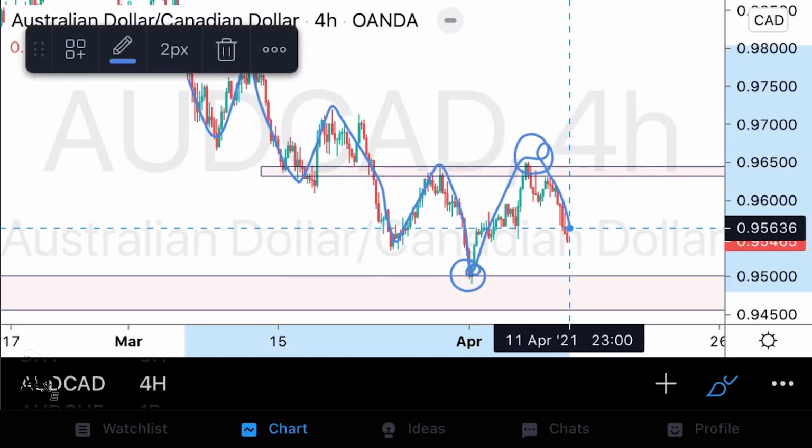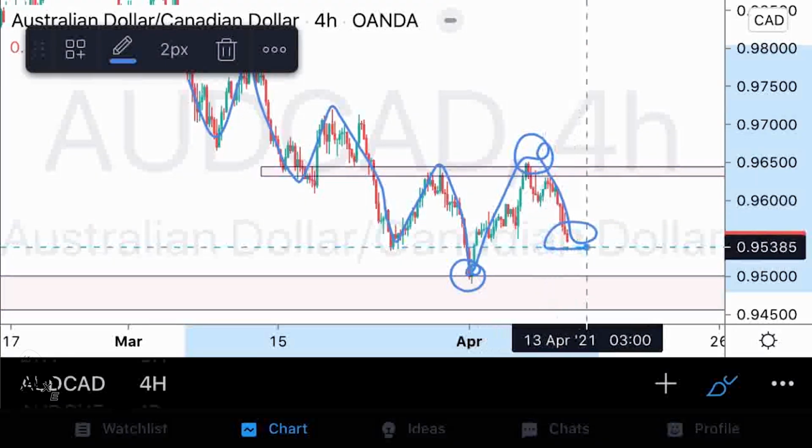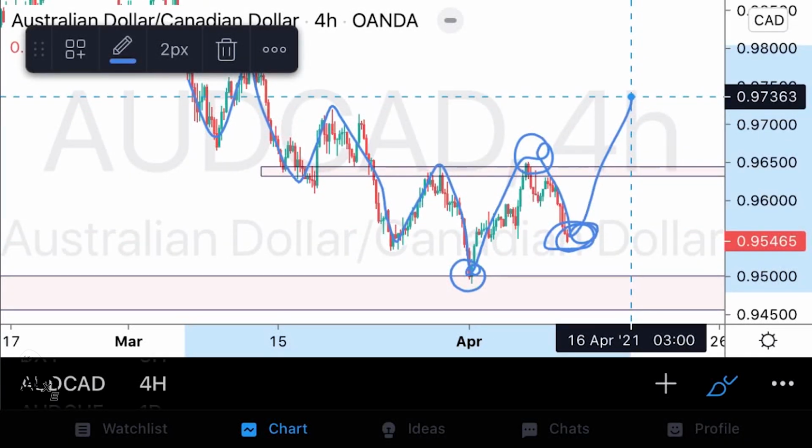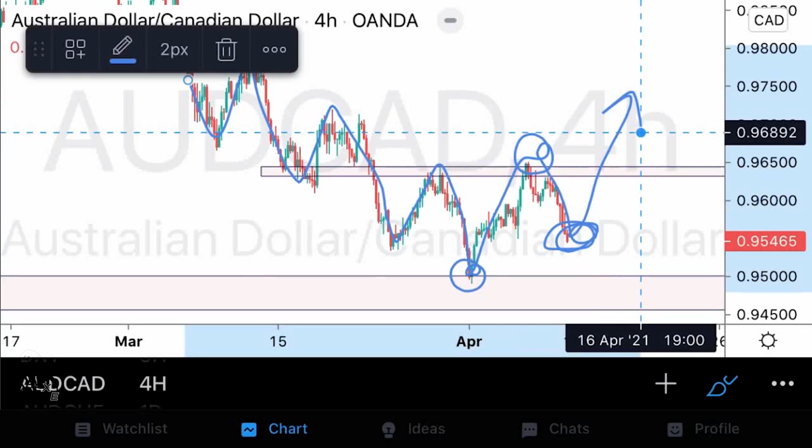We could be expecting, obviously, one of two things. The first thing being, we create a higher low and then we begin changing the trend to the upside, which is what I would hope to happen at this point, as I see more upside potential than downside potential. Why do I see more upside potential?